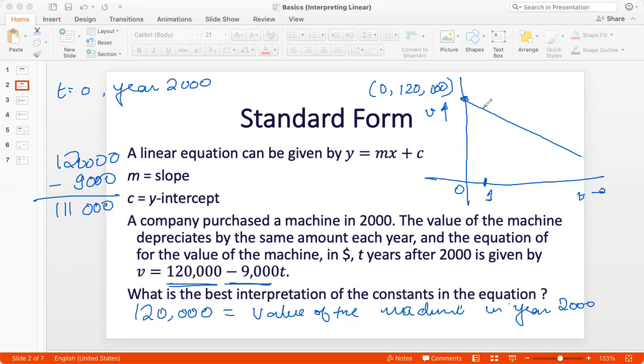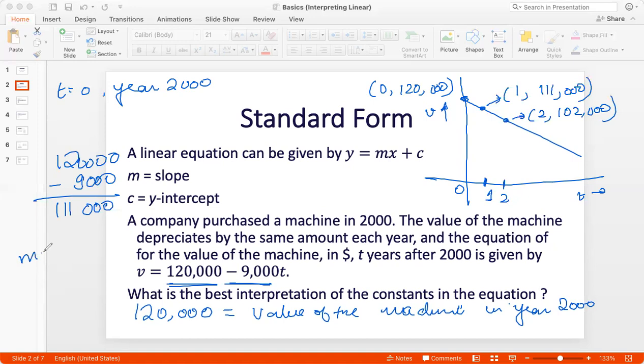So in year 1, my value would be, I can write this point as (1, 111,000), right? What will be the value in year 2? Year 2, my value will be (2, 111,000 minus 9,000), which would be 102,000. So I can see that this 9,000 represents the decrease in the value of the machine every year, right?